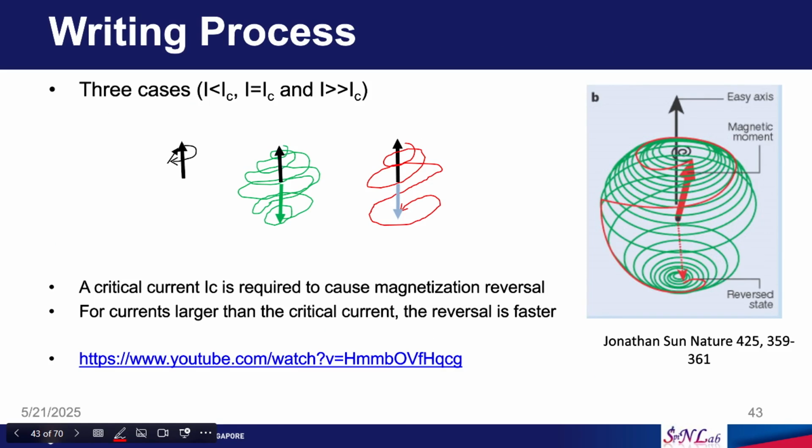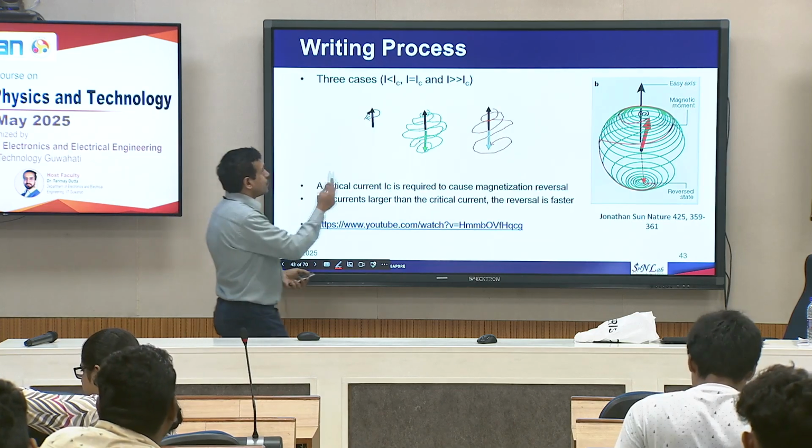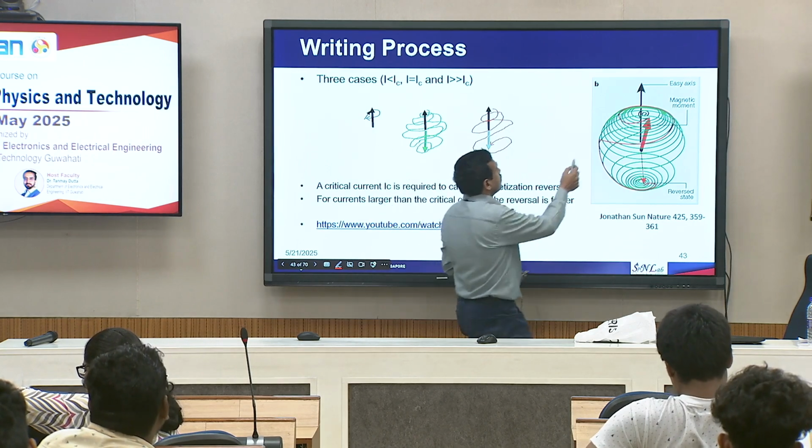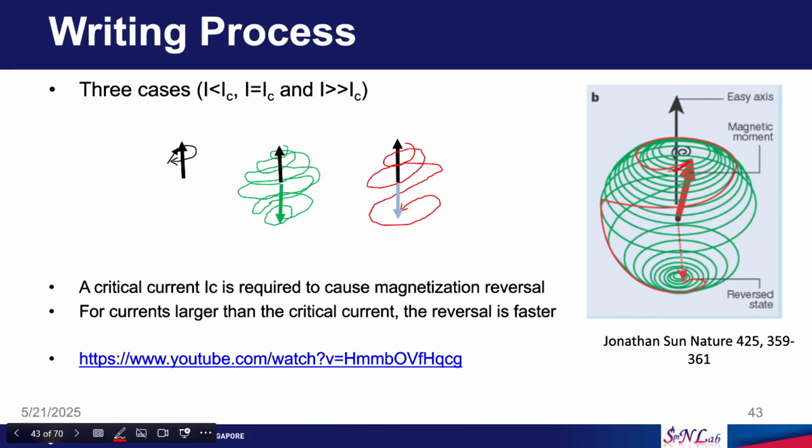Okay. So, when you switch magnetization from one direction to the other direction, it does not flip like this. It goes through a precession mechanism. We learned that the different torques will make the magnetization switch along a certain path.